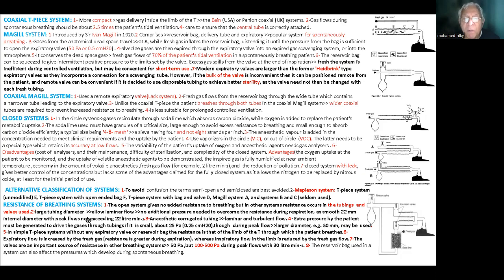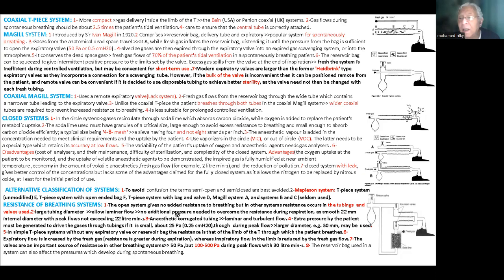The resistance of breathing, of course, we must keep in mind whenever we have a circuit. In general, we ought to have proper diameters. We ought to minimize the resistance of the valves, using light valves instead of high-resistance valves. We ought to have a system that satisfies the patient regarding the peak inspiratory flow.